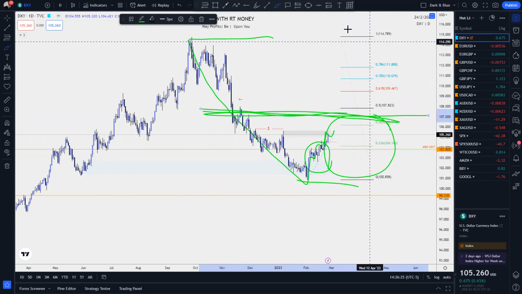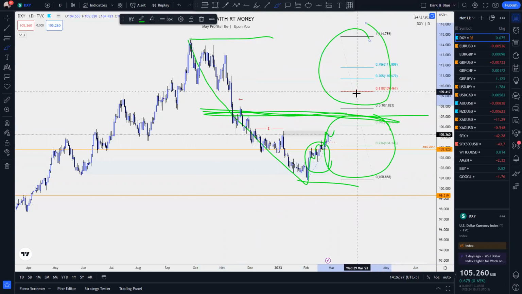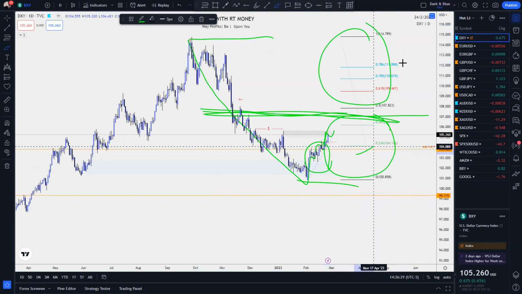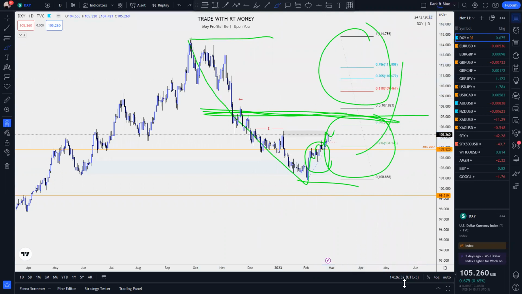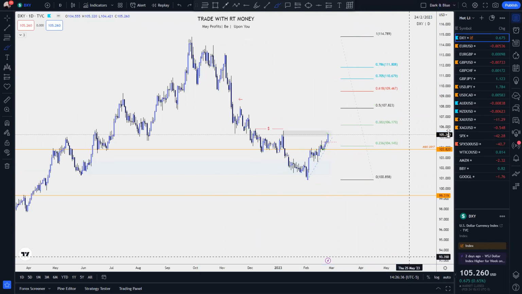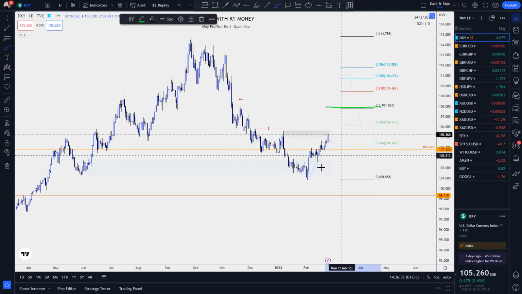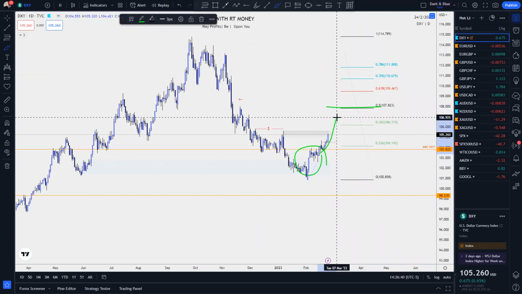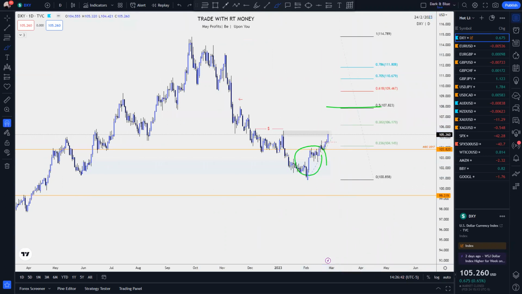This is premium prices. You want to take your longs from here and your shorts from here. With that in mind, we are below 50, in discount, and heading towards that equilibrium, the 50% equilibrium of the trading range.